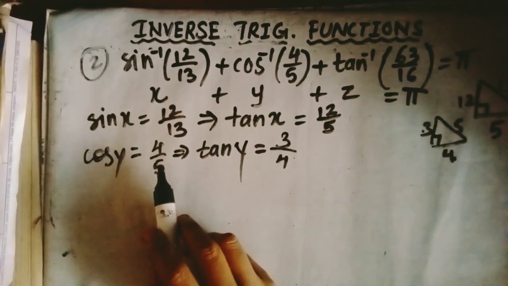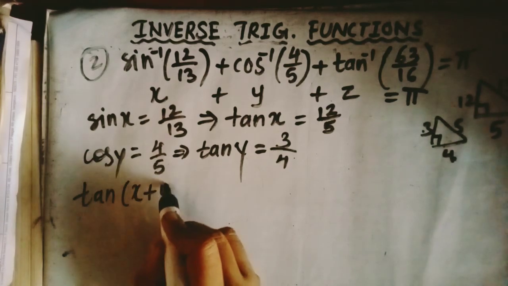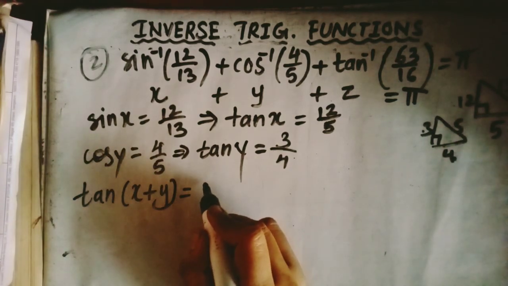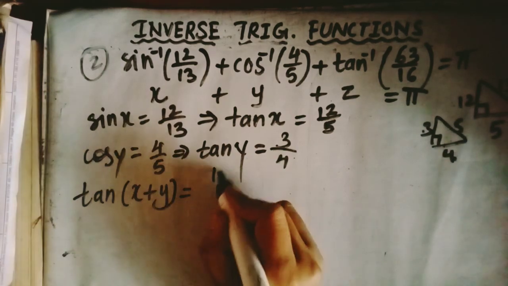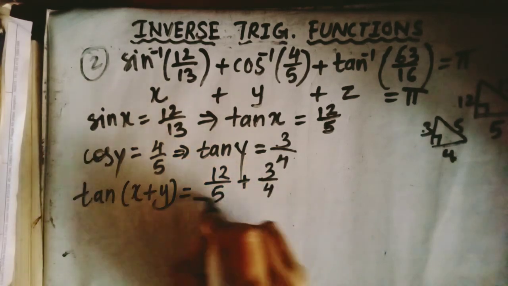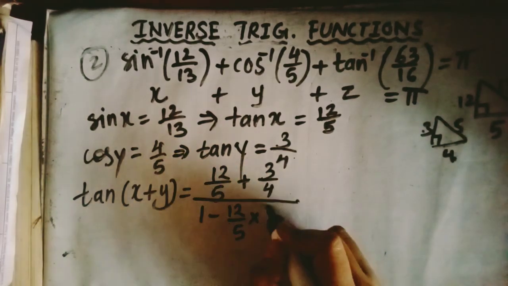Now using the formula tan of x plus y, we will get tan x plus tan y upon 1 minus tan x tan y. So tan x is 12 upon 5 plus 3 upon 4 upon 1 minus 12 upon 5 into 3 upon 4.